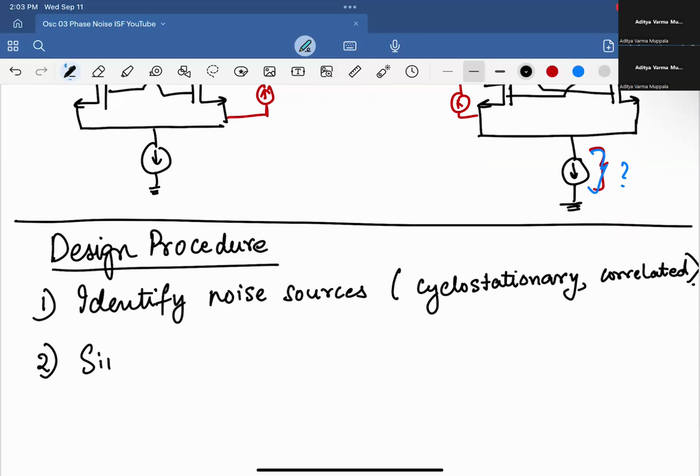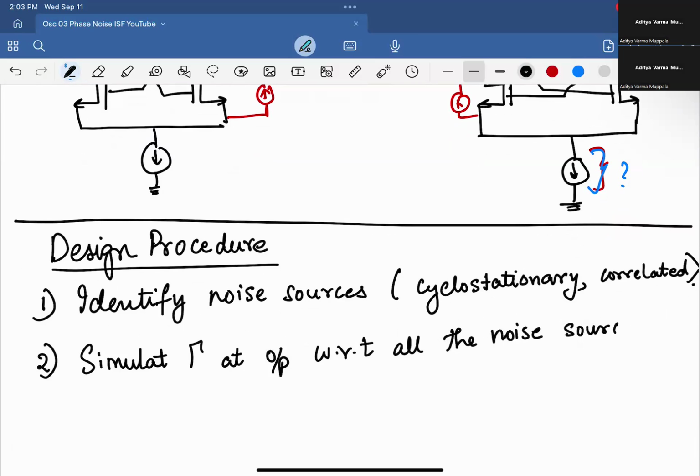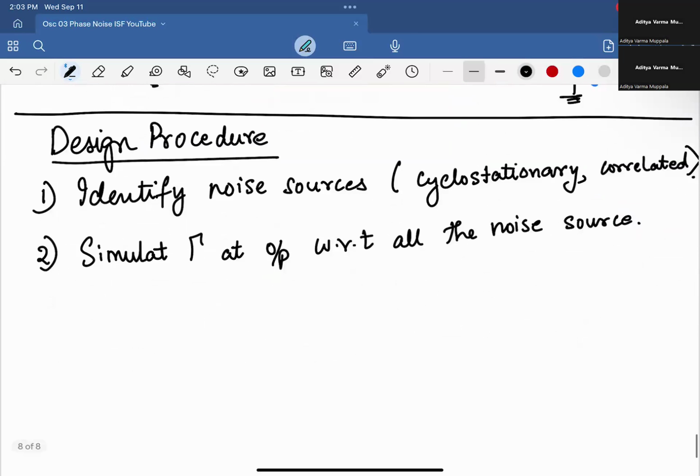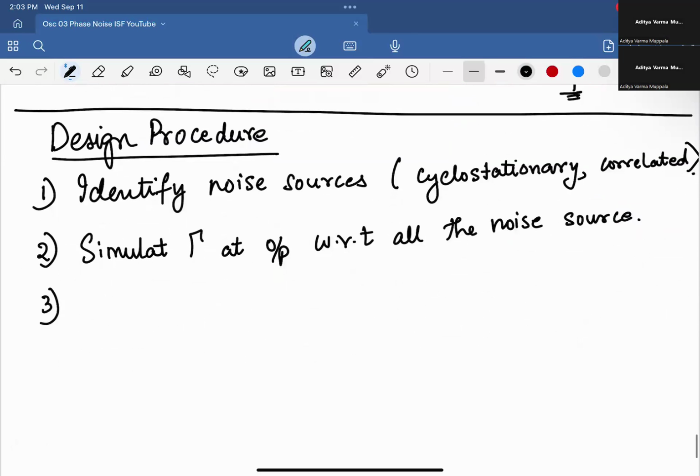And then you want to simulate gamma at the output with respect to all the noise sources. Gamma is defined for a given output node with respect to a given input source. So we'll simulate that. We'll see how to do that in Cadence, how to extract the gamma for all these sources, and then identify the dominant component.